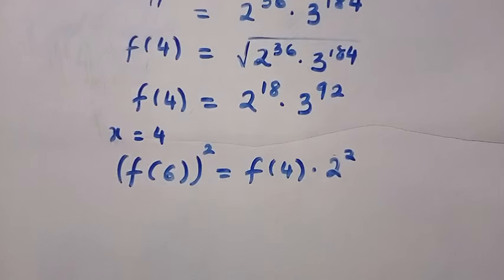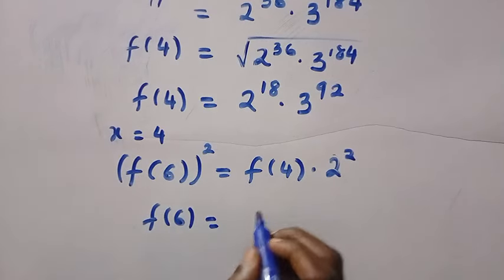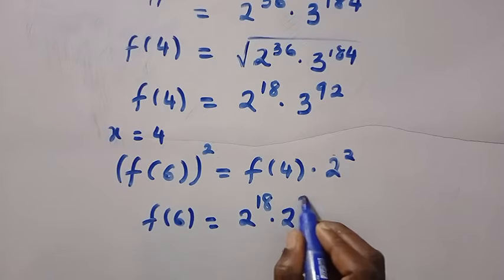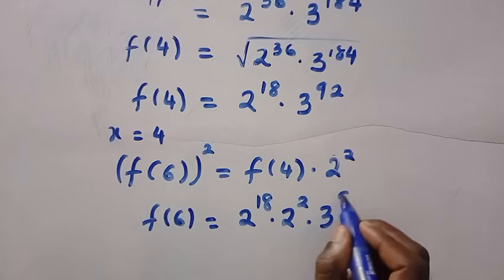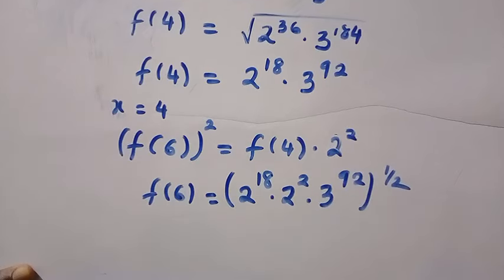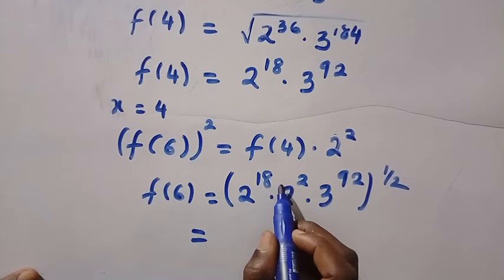So by taking the square root of both sides, we have f(6) equals 2 power of 18 multiplied by 2 power of 2 multiplied by 3 power of 92, all raised to the power of 1 over 2. And then our f(6) is given as, so this and this, that is 20.